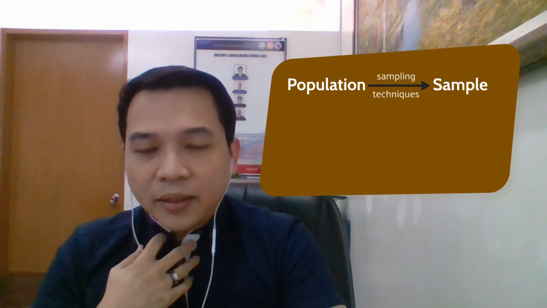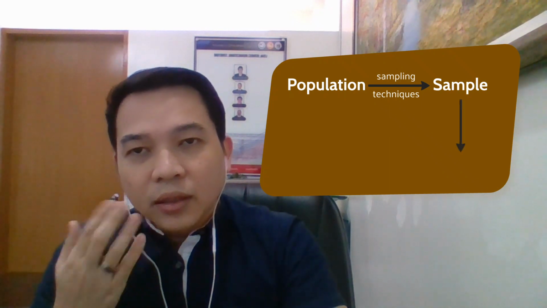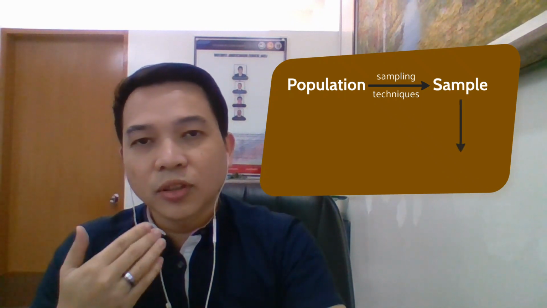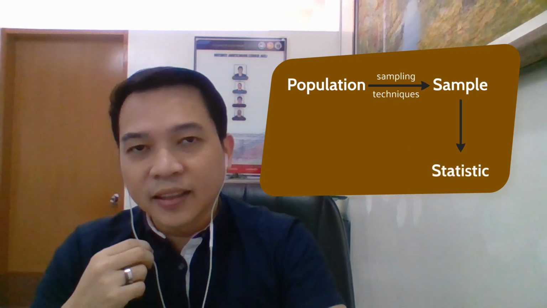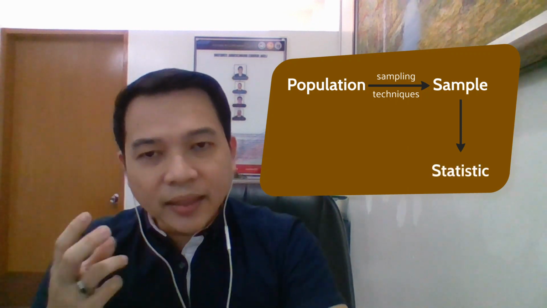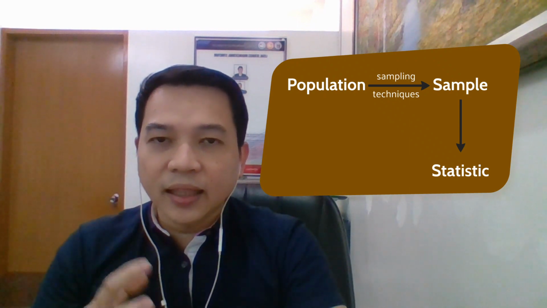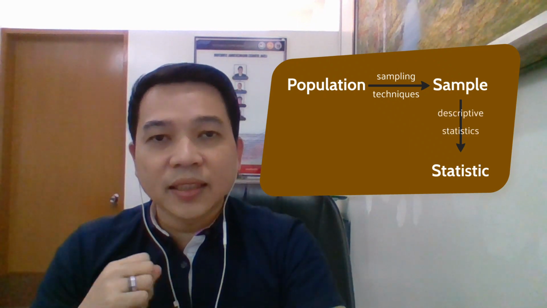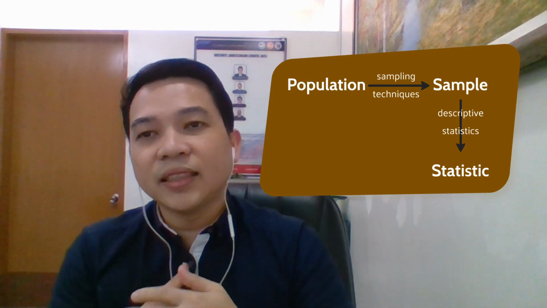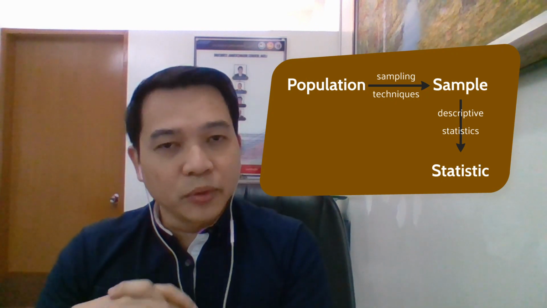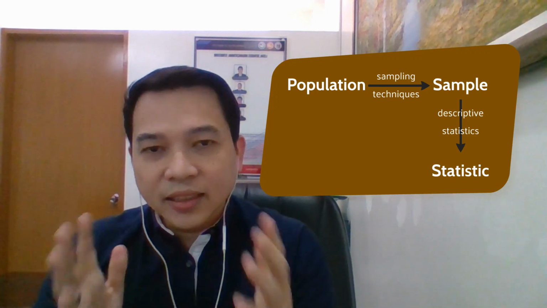And out of the sample, we try to measure the sample in terms of different attributes or characteristics. And this is what we call statistic. And the processes that involve extracting the statistic is what we call the descriptive statistics. This is where we talk about central tendencies, dispersion, distribution. Okay, that is descriptive statistics.